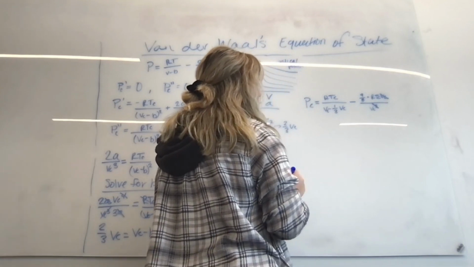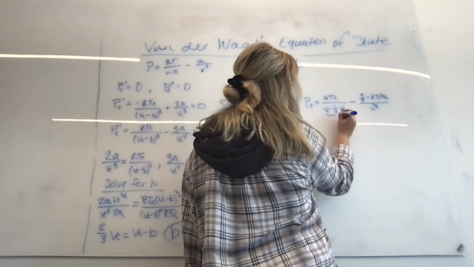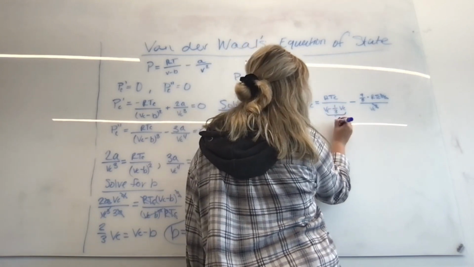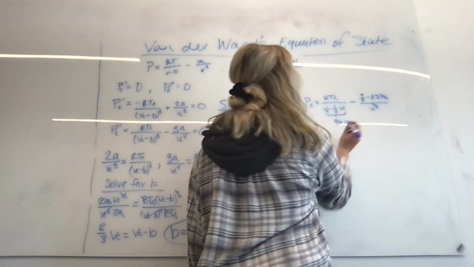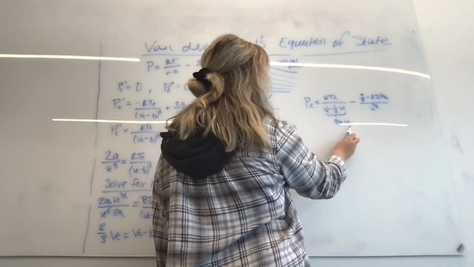And so we can also see that with this simplified to 2/3 B_C, each of our terms in the equation here has an R T_C over V_C value.